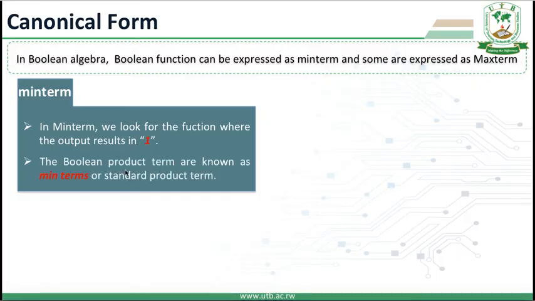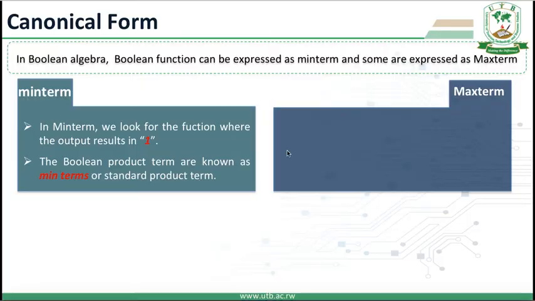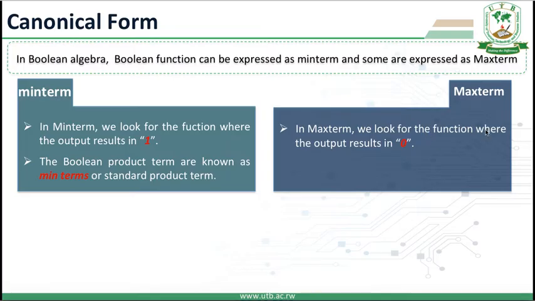The Boolean product terms are known as min terms or standard product terms, while in max term, we look for the function where the output results in 0. The Boolean sum terms are known as max terms or standard sum terms.